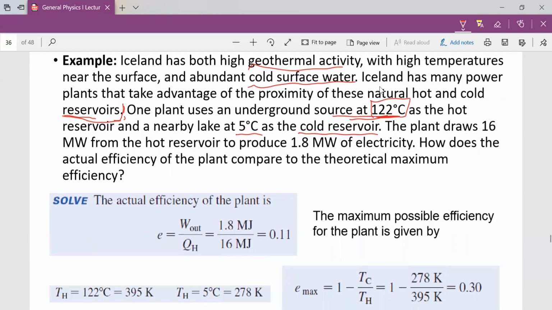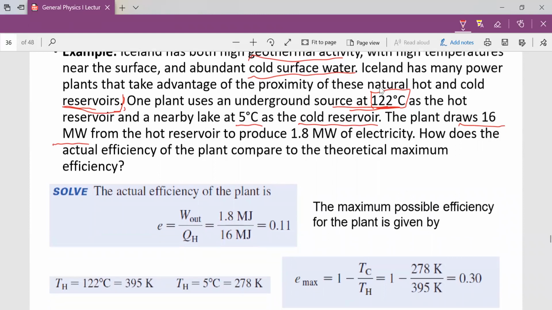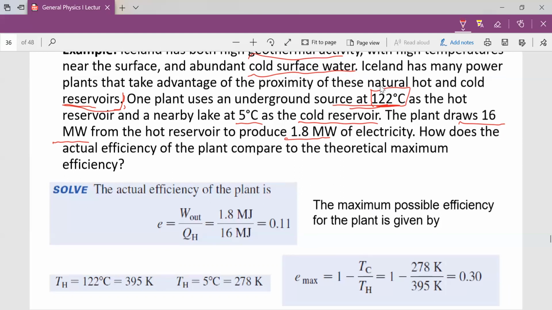So the plant draws 16 megawatts from the hot reservoir to produce 1.8 megawatts of electricity. How does the actual efficiency of this plant compare to the theoretical maximum efficiency?